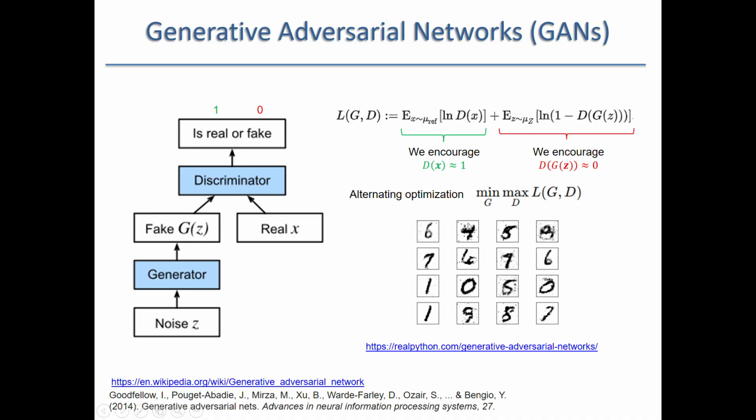Here we have some examples of numbers generated by this generator from random noise. The discriminator has to say whether these numbers are really coming from a person or they are artificially generated.